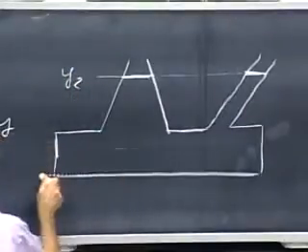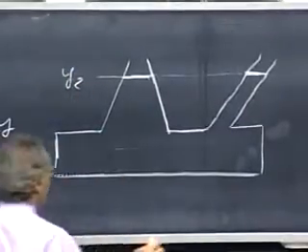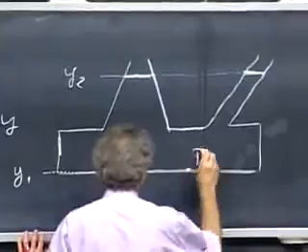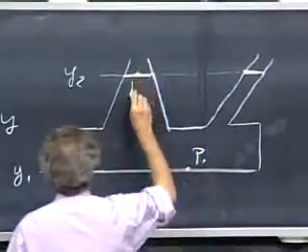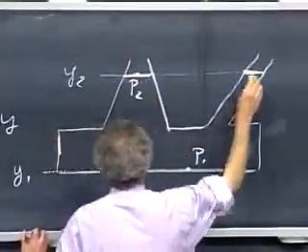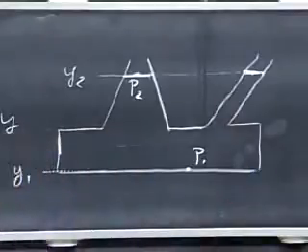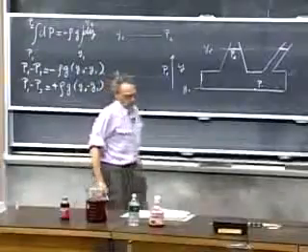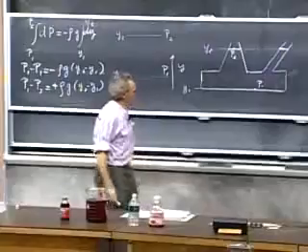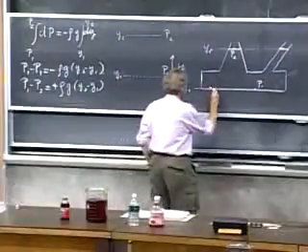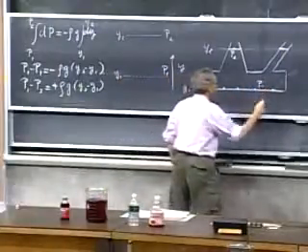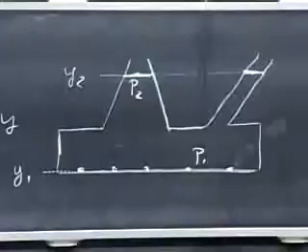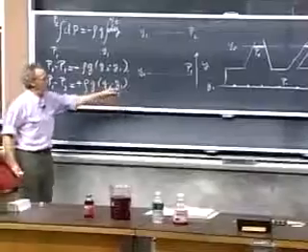And let's take the bottom of this vessel and call this Y1. And so inside here we have pressure P1, and right there we have pressure P2. Well, what Pascal is saying now is that the pressure here is everywhere the same, because Y2 minus Y1 is the same for all these points here.